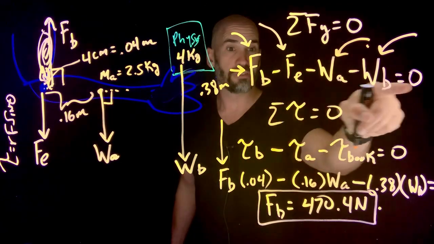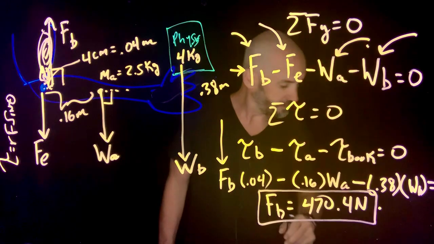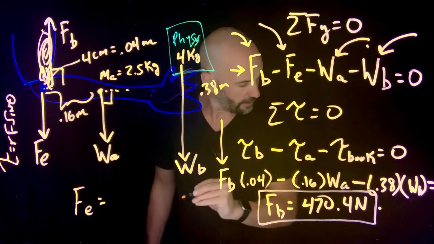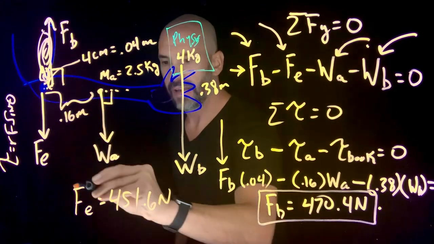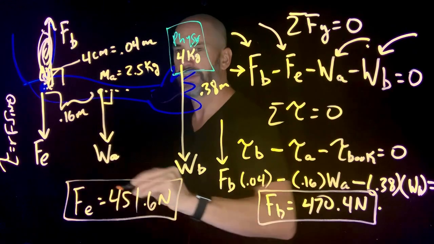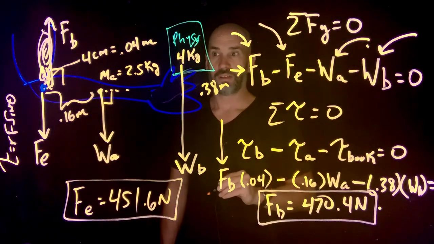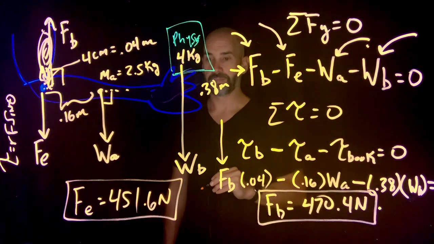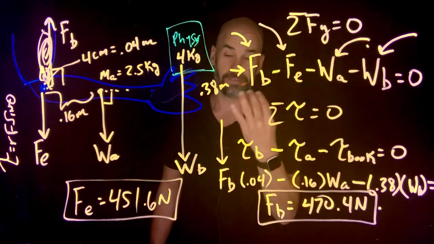And I solve this equation for Fe. When I do that, I find that I get an Fe, the force of the elbow, of 451.6 newtons. I encourage you to check me on that. Let me know if I'm wrong. But these are the forces that I am experiencing as a human being holding a physics book.